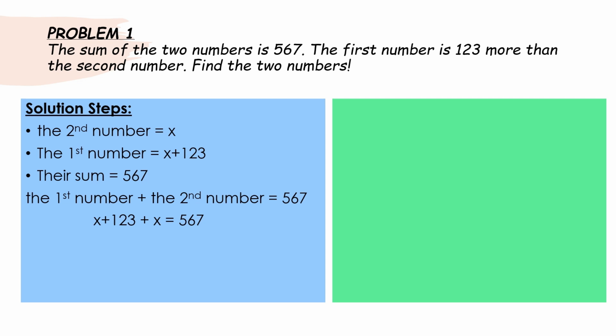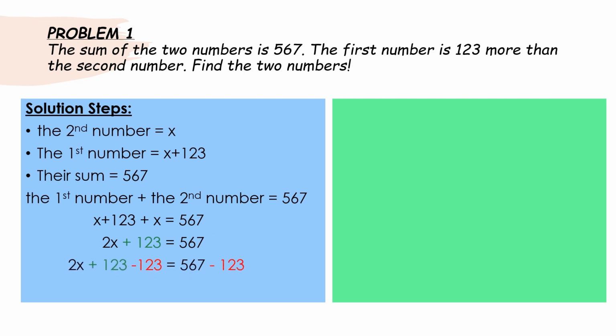Then we can make it simpler: 2x plus 123 equals 567. How are you going to find the value of x? It's so easy. We can cancel positive 123 by adding negative 123 on both sides.